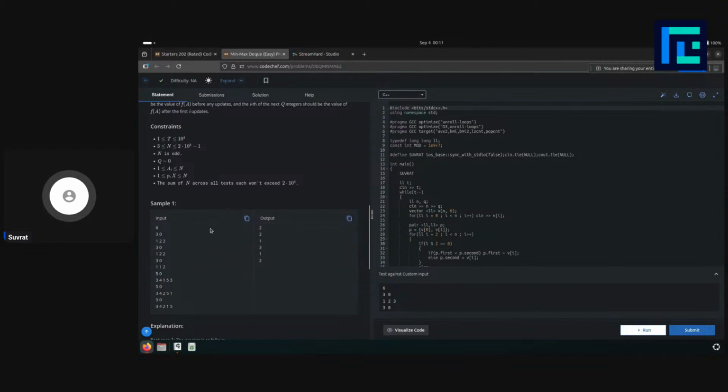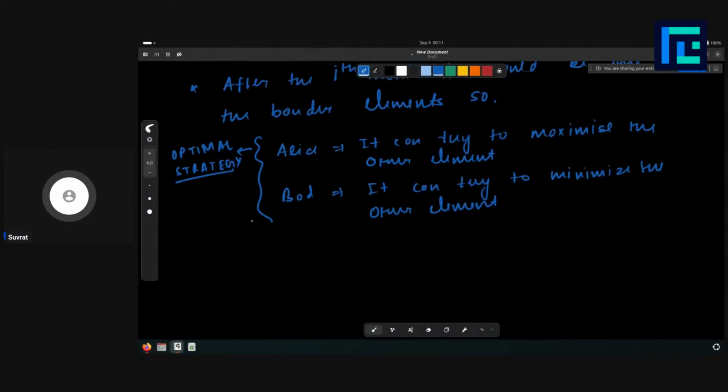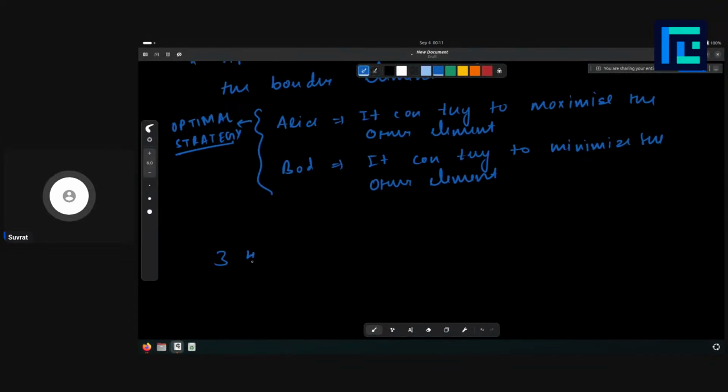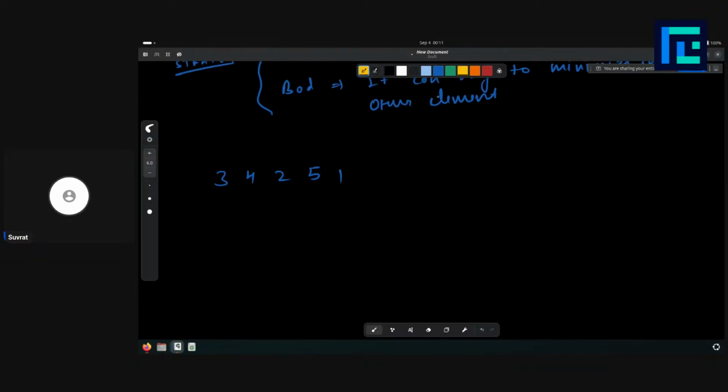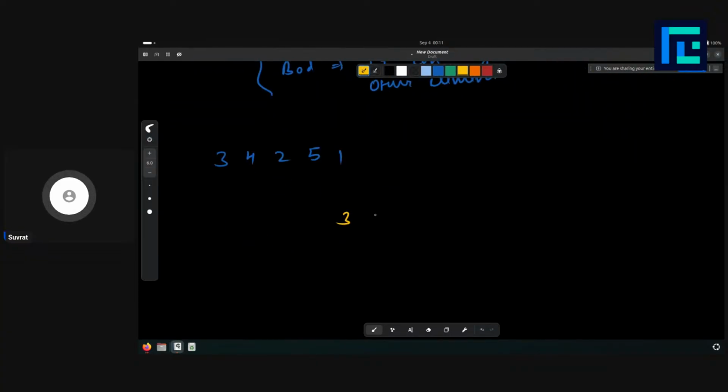So let's take the next test case, 34251. Again 3 then 4, since it's Alice, Bob, Alice, and 3 4 and 4 3 are more or less the same.